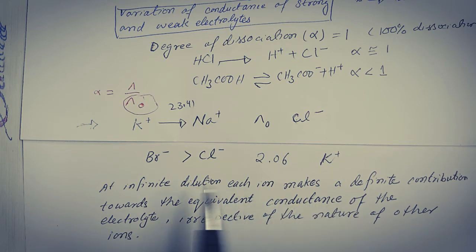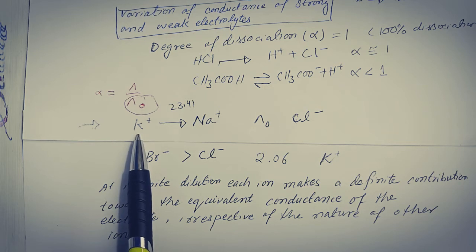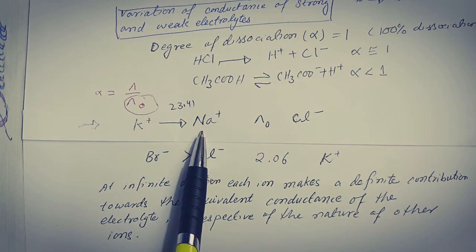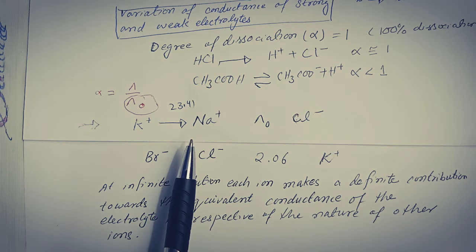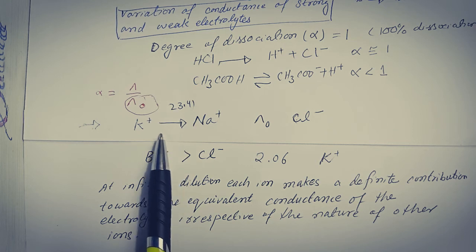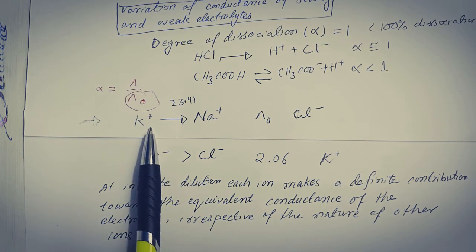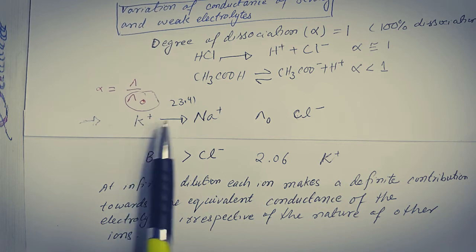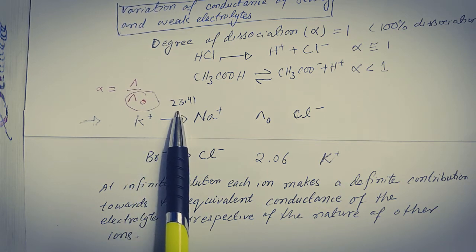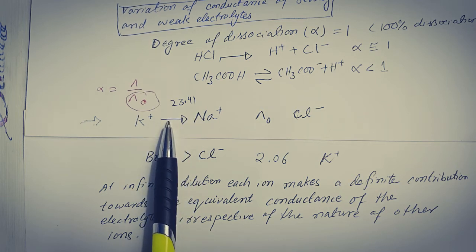It means that if we compare potassium ion and sodium ion, by taking any other anionic species, the difference of the total equivalent conductance at infinite dilution will be nearly 23.41.